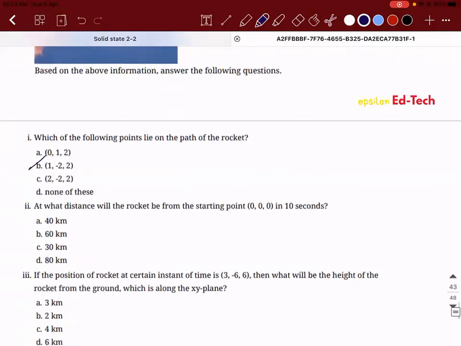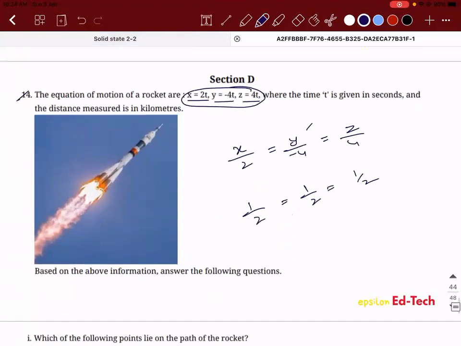Okay, next. At what distance will the rocket be from the starting point 0, 0, 0 in 10 seconds? How to calculate, guys? Here t is given in seconds.